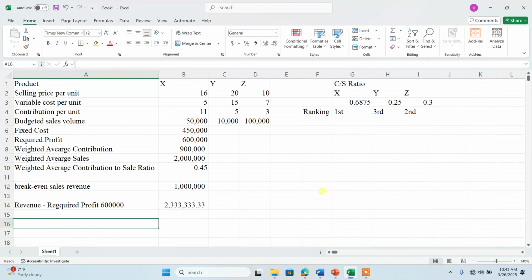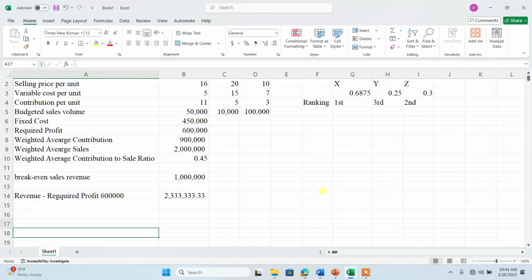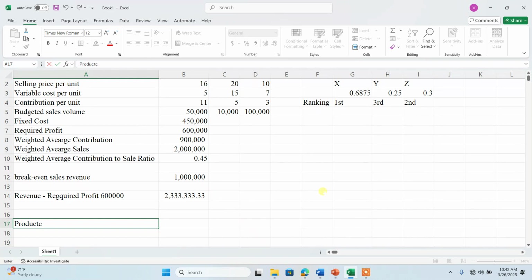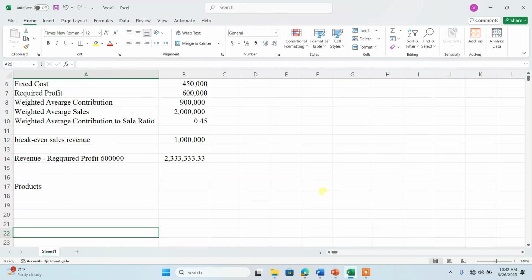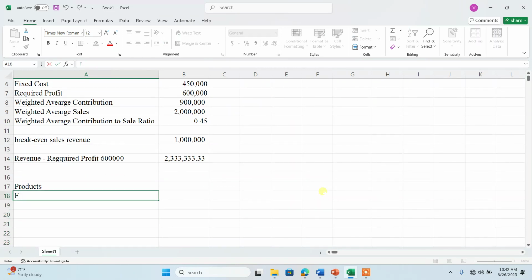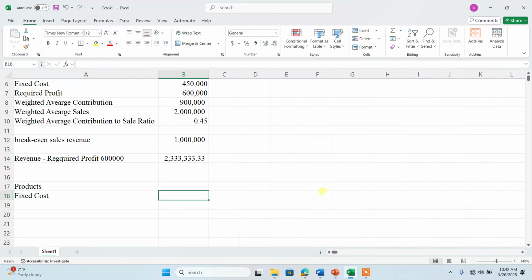Let me do it here. My fixed cost is 4,50,000.